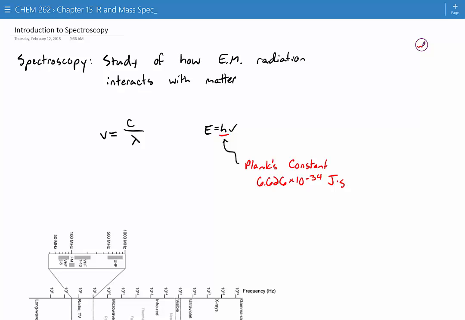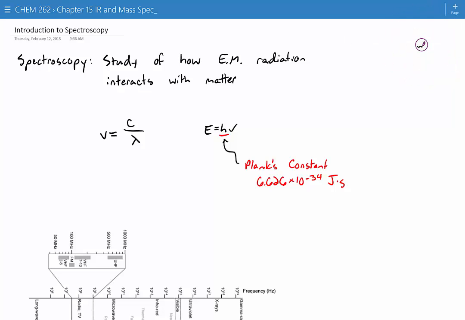And so now we've got a direct way to look at the energy being absorbed and emitted. And this is the really useful part of spectroscopy, is we can start studying the quantum behavior of molecules, or the amount of energy that can be absorbed or released.